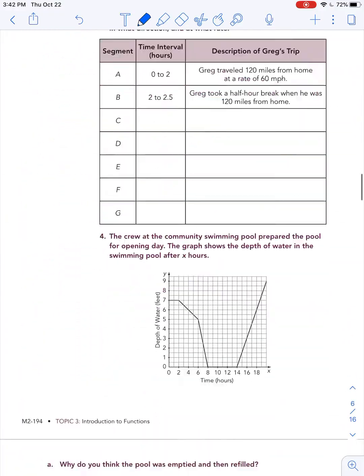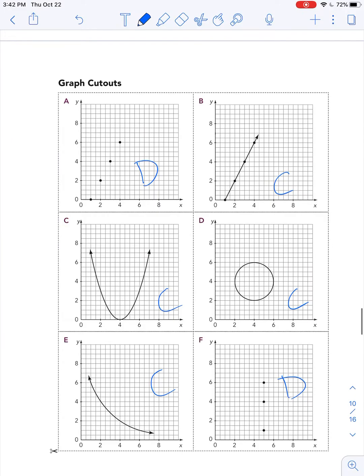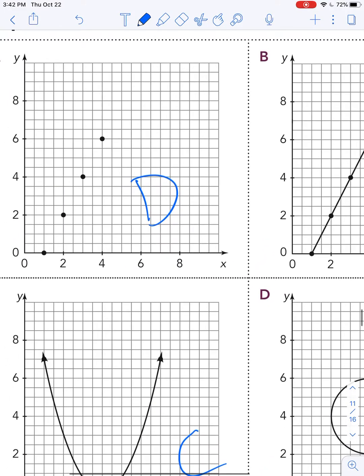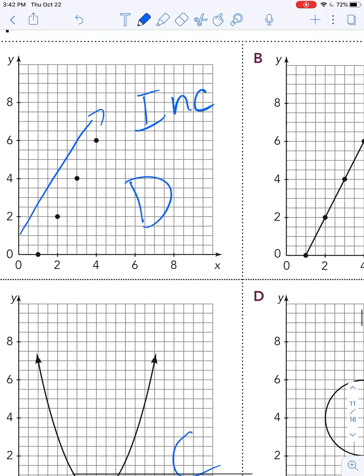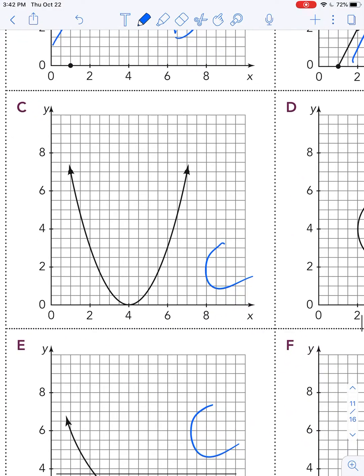So here we go. We're going to look. I know. Sorry about this. So now let's look at this. If I'm going from left to right, these points go in this direction. So this would be increasing. If I looked at B, again, it's going up, so this would be increasing. This one, look at it.